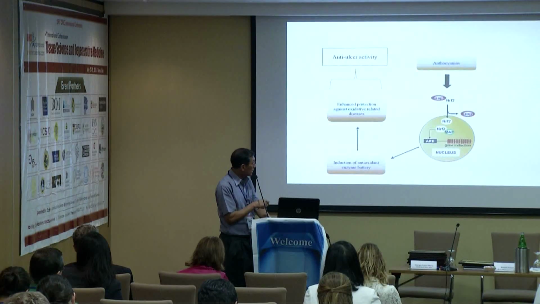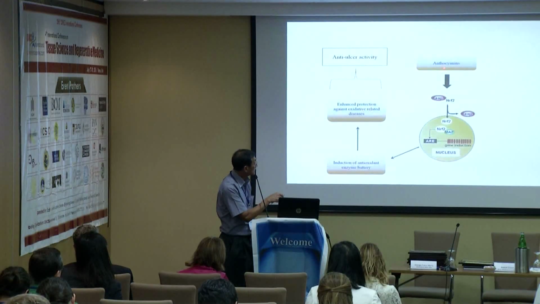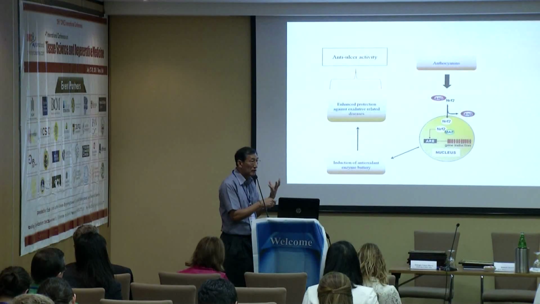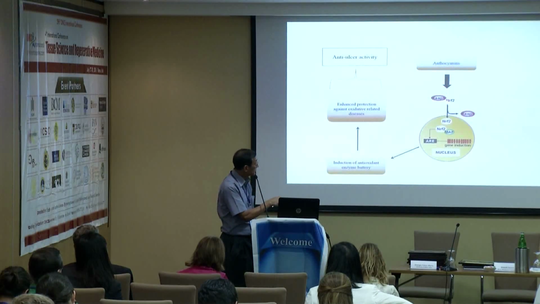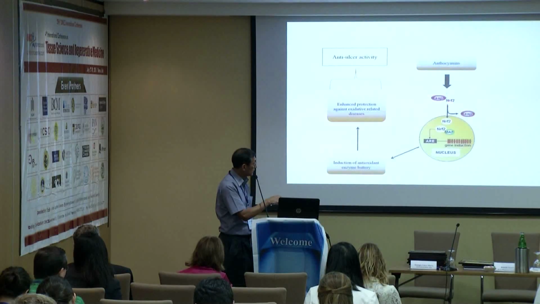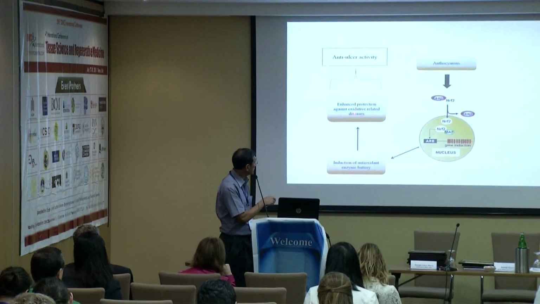So this means the antioxidant, astaxanthin or anthocyanin from black rice or blackberry, dissociates Keap1 from NRF2, and NRF2 binds to the ARE promoter region in the nucleus and produces antioxidant enzymes, enhancing protection against oxidative stress-related disease.